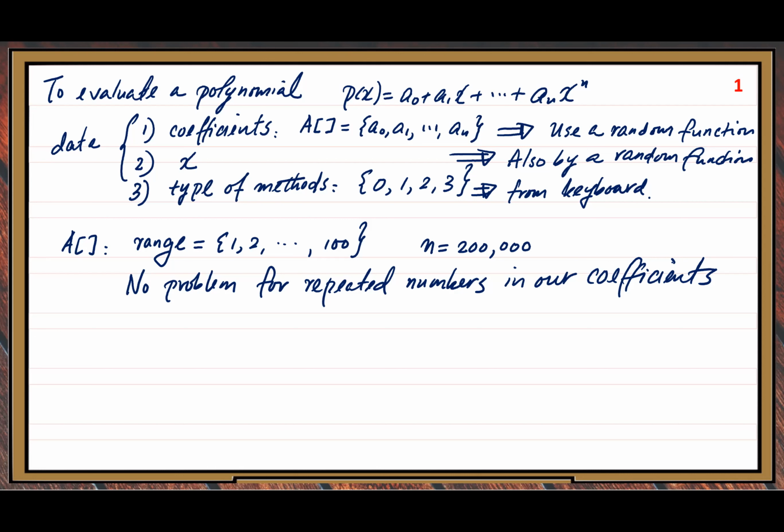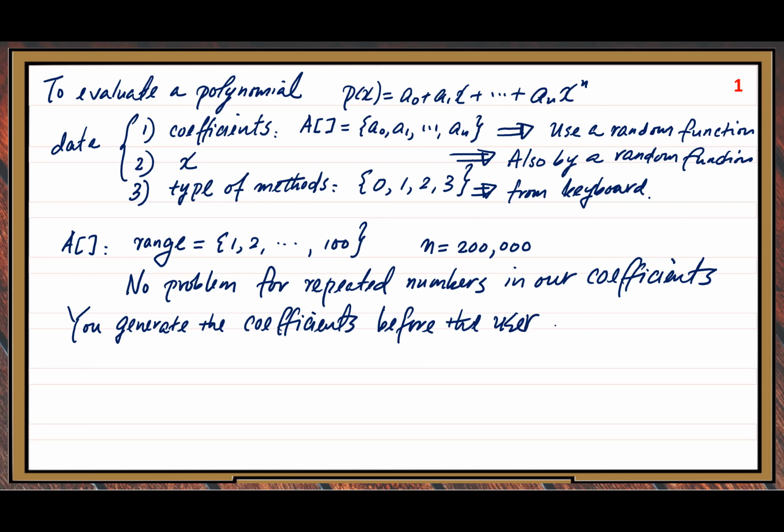Other than that, after you generate coefficients, you put it aside, because you generate the coefficients before the user selects a method type.